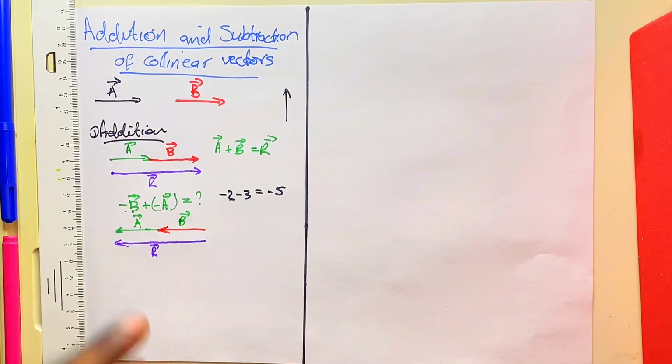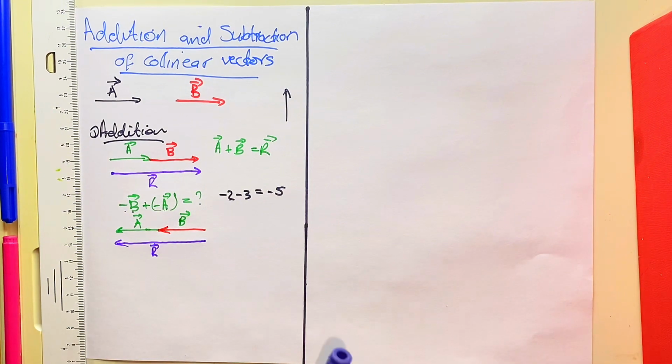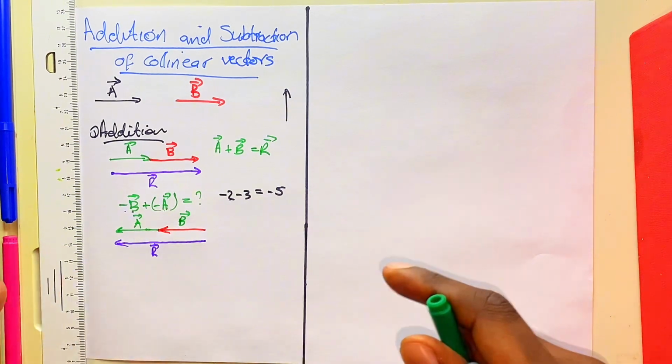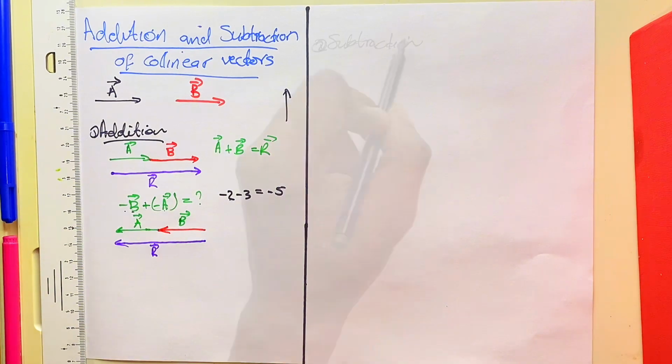Now that's how you add two vectors to each other that are collinear, acting in the same axis. But how do we subtract them?